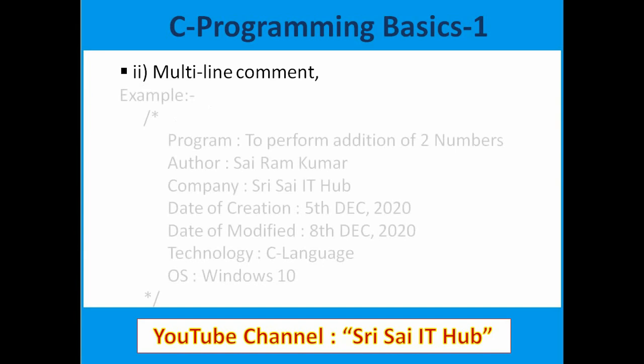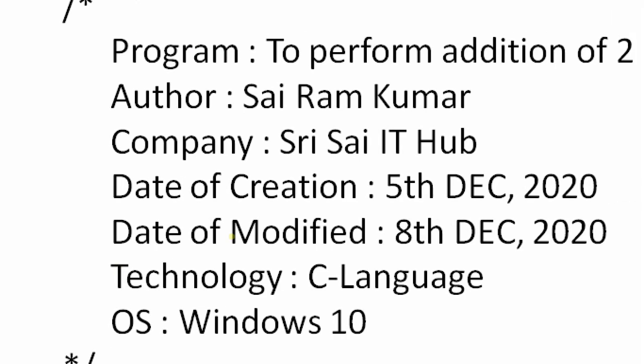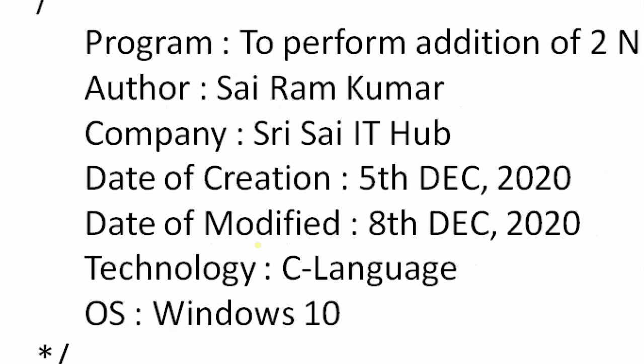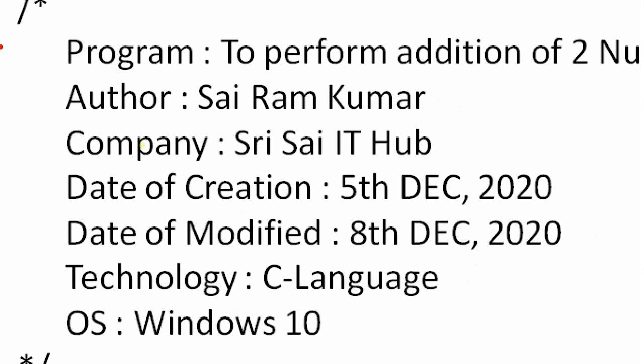Now coming to a small example of a multi-line comment. In this multi-line comment, I am providing the complete description of a program. First, program to perform addition of 2 numbers. Author, so who has written this program? Sai Ram Kumar. He belongs to which company?